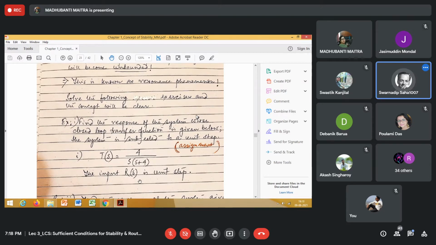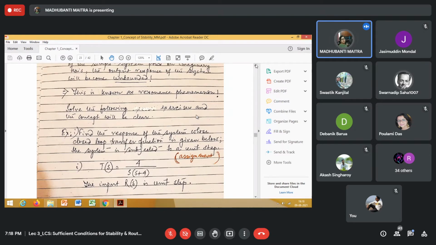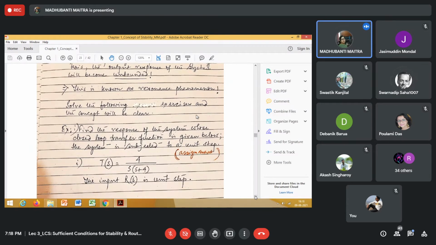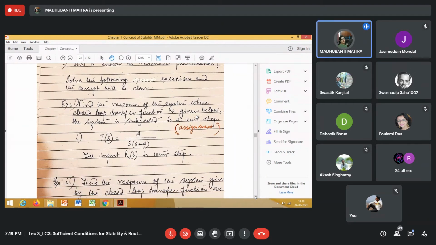This pole location and the input pole location, these two are the same, identical. Because of this matching phenomenon, we use the term resonance, and since these two poles are co-located, the system response will be unbounded. Is it clear? Yes, ma'am, understood.